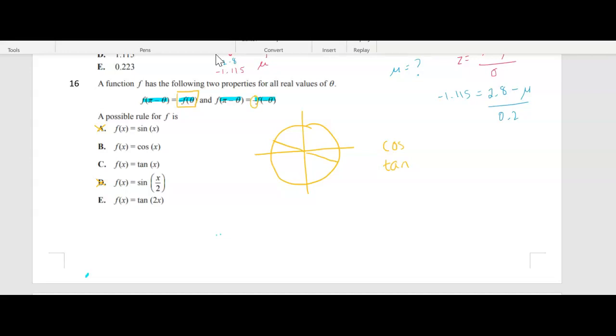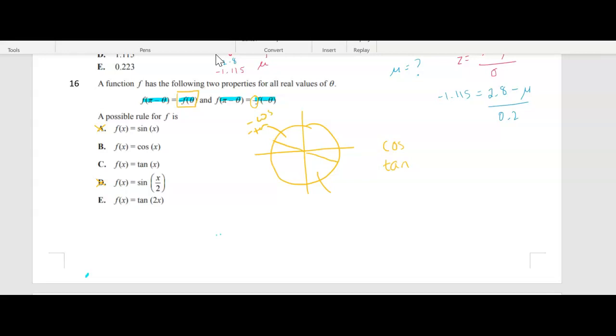So in the fourth quadrant, cos is positive and tan is negative. So in this quadrant here, we had negative cos and negative tan, basically. They're the two that are negative.